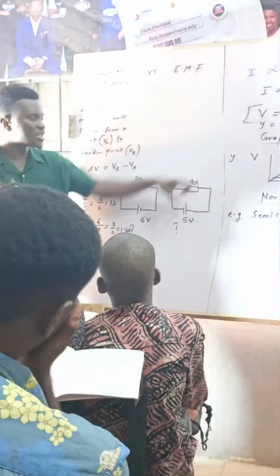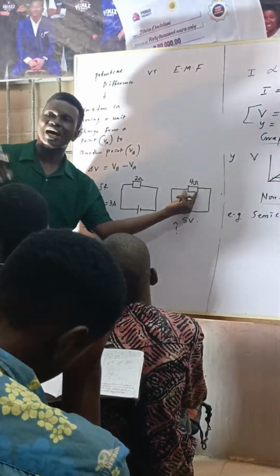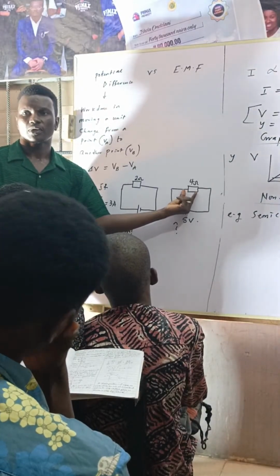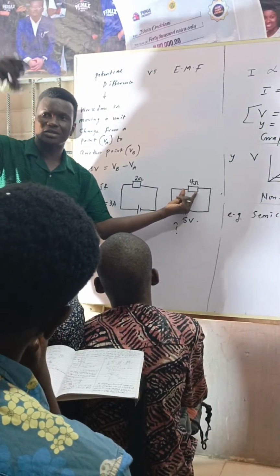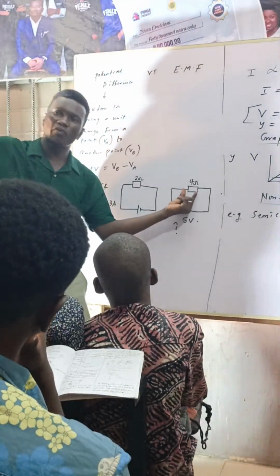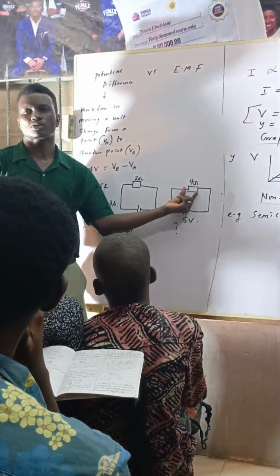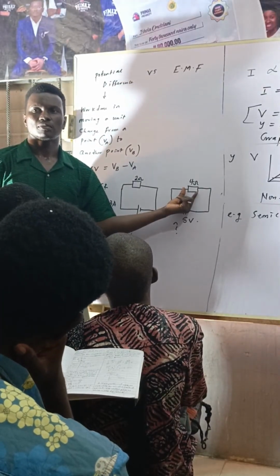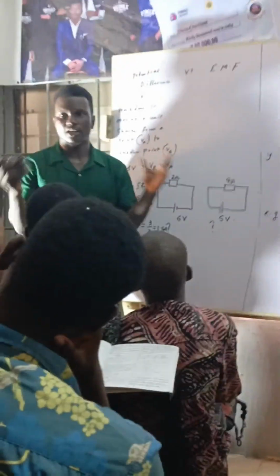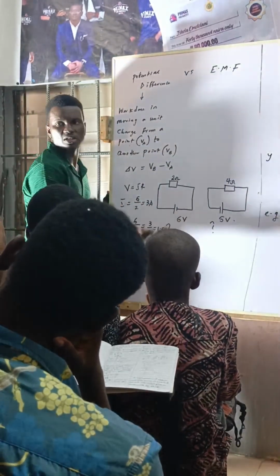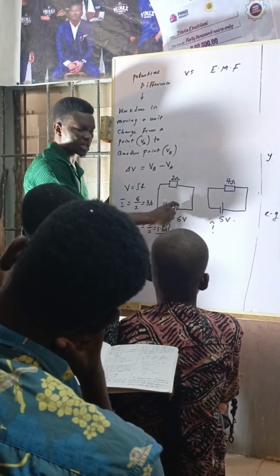So the voltage across this resistor will be directly proportional to the resistance. The higher the resistance, the higher the voltage, because we do greater work to overcome that resistor. Do you get that? So in the circuit is different from the battery. This is the voltage of the battery.